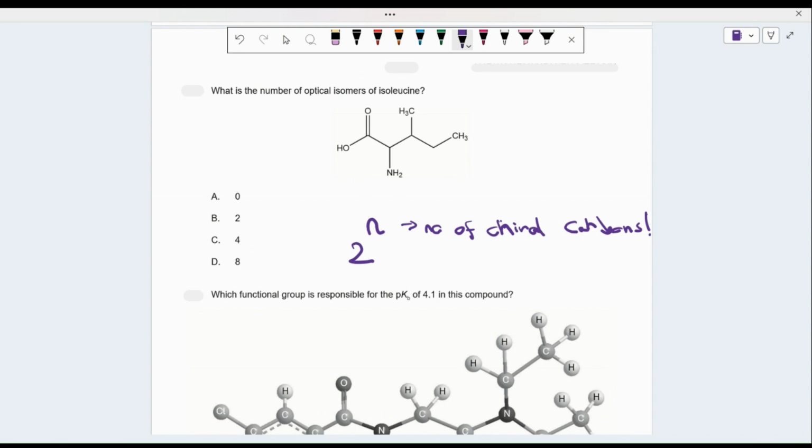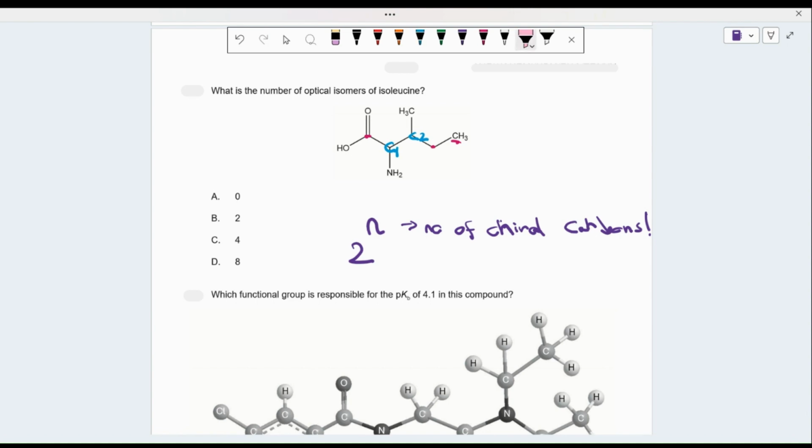Remember, a chiral center is one that has 4 different groups surrounding that carbon. So this cannot be a chiral center, it has 3 hydrogens. This cannot be a chiral center, it has 2 hydrogens. This cannot be a chiral center because it only has 3 groups. We need 4 groups. So we are left with chiral center 1 and chiral center 2.